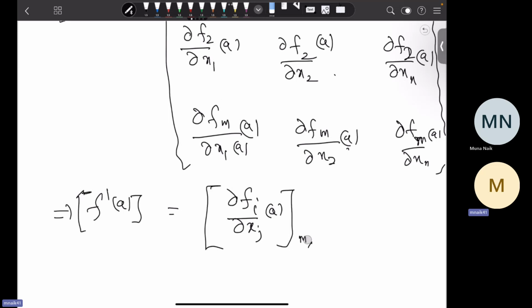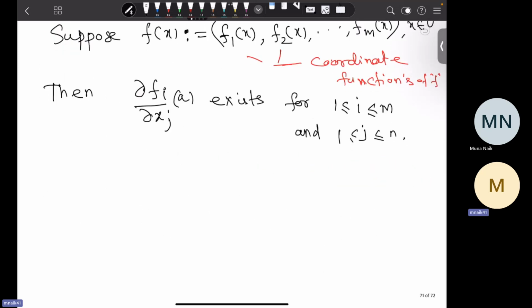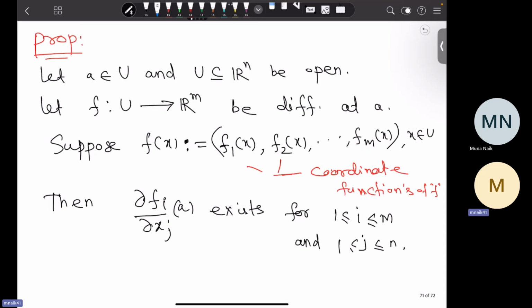For 1 less than or equal to i less than or equal to m and j equal to 1 to n. Okay, so let us write. This proposition says: let del fi by del xj exist for 1 less than or equal to i less than or equal to m.